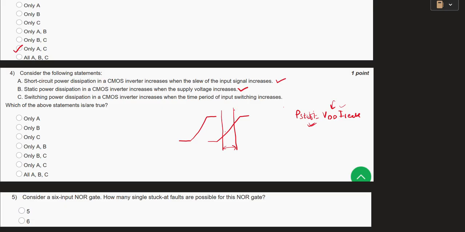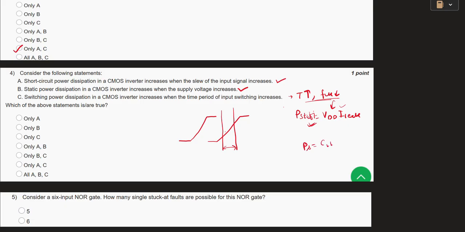Going to the third one: static power dissipation in a CMOS inverter increases when the time period of input switching increases. So if you increase the time period, it means that the frequency of the clock will decrease. If the frequency of the clock decreases, then what is switching power?